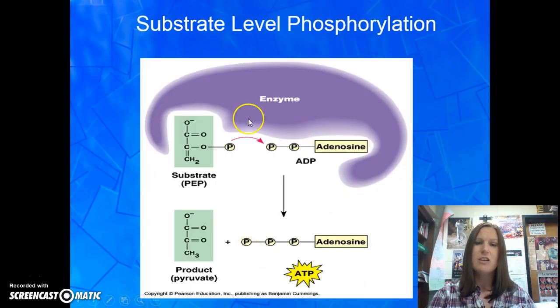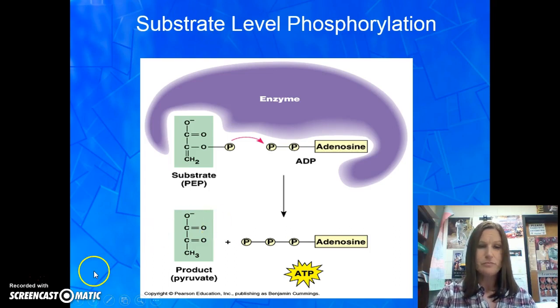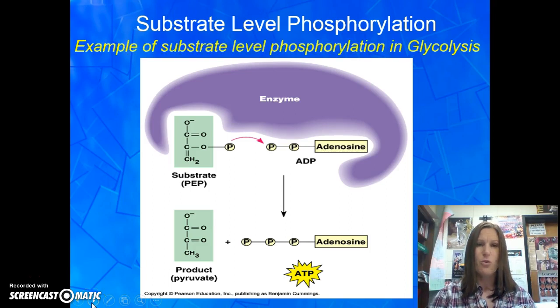This is direct. So when this happened in glycolysis, we could see our substrate here that had a phosphate. The enzyme joined that phosphate, phosphorylated ADP, and henceforth produced ATP, and we got the product pyruvate, which was then going to head into our citric acid cycle. This is an example of substrate-level phosphorylation, where ADP picks up a phosphate from the substrate. Okay, doesn't produce a whole heck of a lot.